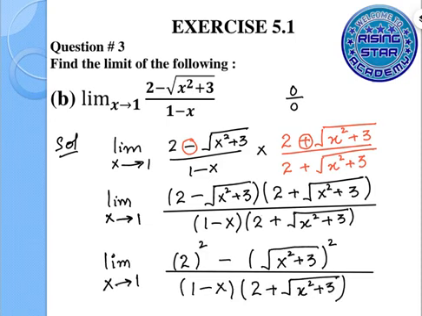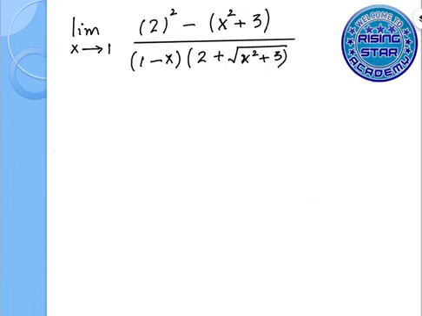Now when we simplify, the square is going to cancel with the square root. So I will write the next step now. After removing the square root, I will get this value. Now I will write the next step.